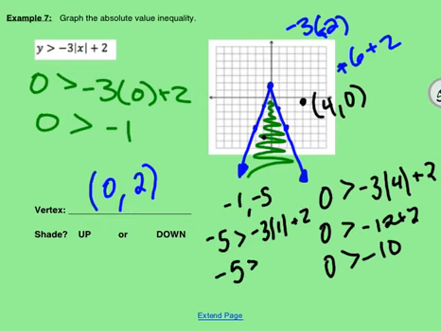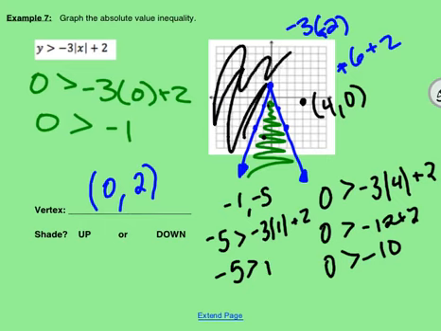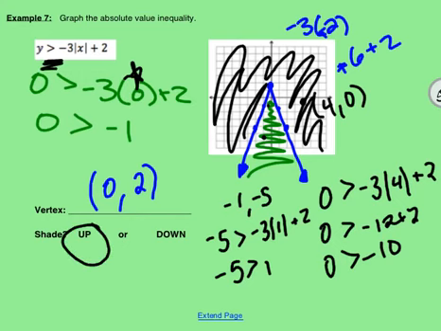Negative 5 is not greater than 1. So we wanted to shade on the outside here. I don't think you can use 0, 0 all the time with absolute value. So don't use 0, 0 because you'll make mistakes sometimes, right? You should have shaded above it, which is why this is greater than, and I shouldn't have confused you there.